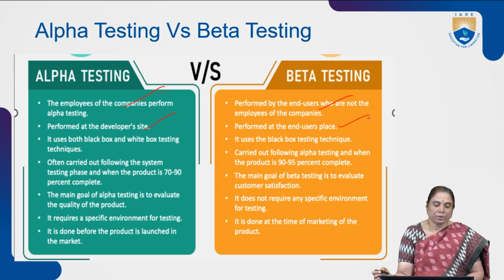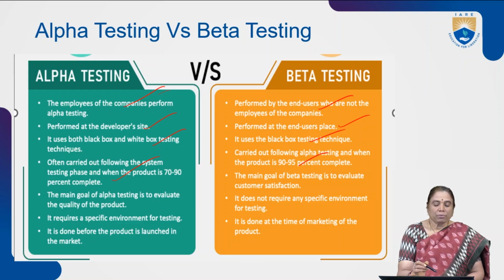Alpha testing uses both black box and white box testing techniques. Beta testing uses black box testing. Alpha testing is carried out in the testing phase when the product is 70 to 90% completed, but beta testing is possible only with 90 to 95% product completion.